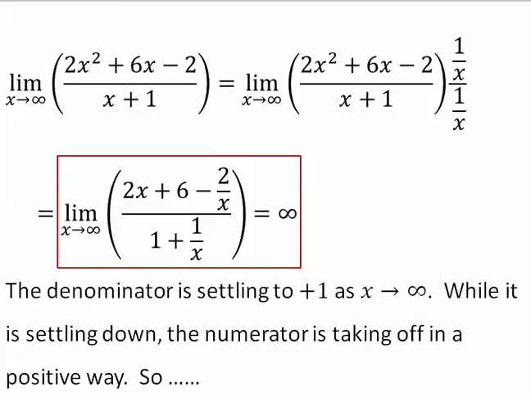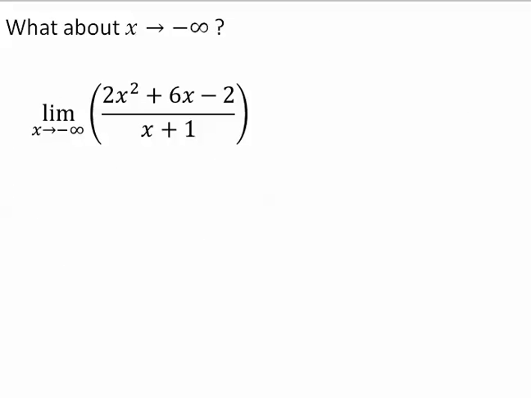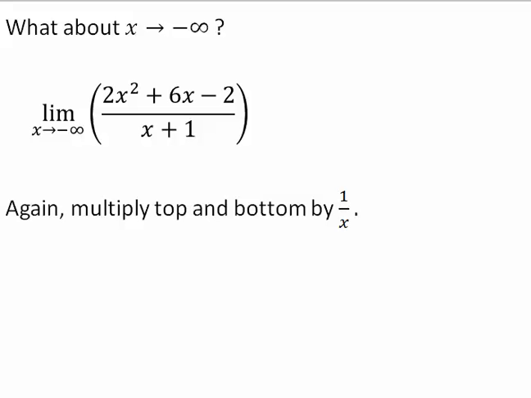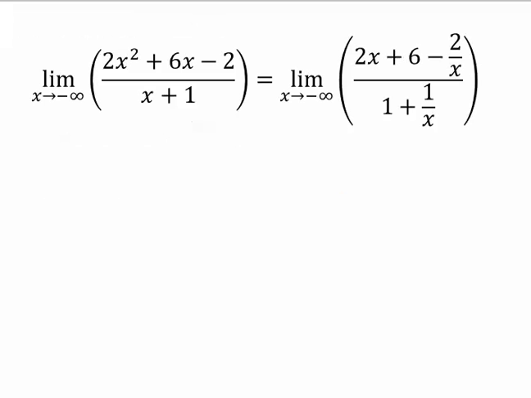What about x going to negative infinity? Again, we look at the degree of the denominator. We've got x to the 1 power. So we divide by x to the 1 power. Or another way of saying that is we multiply top and bottom by 1 over x. And again, we do the algebraic manipulation.